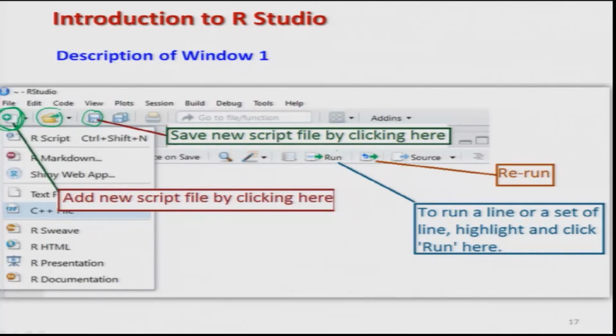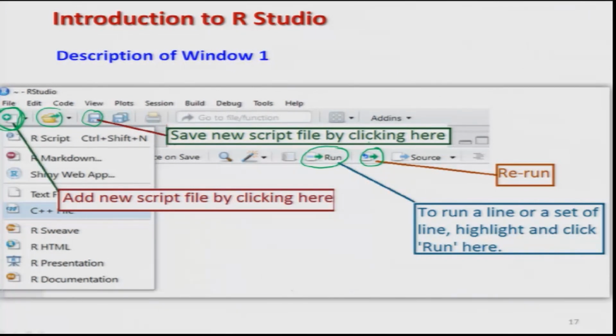This is where we click to run the program, and if we want to rerun the program, then we need to click over here. Right. These lines can be single line, or they can be multiple lines which have to be run.